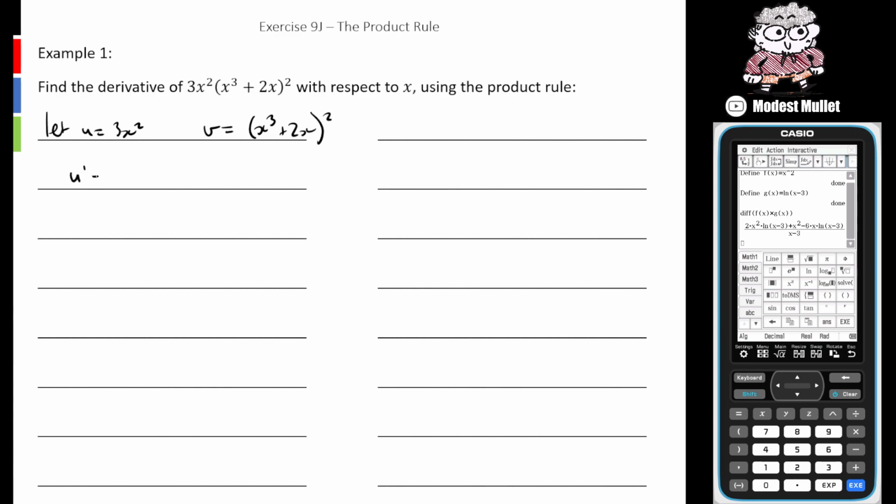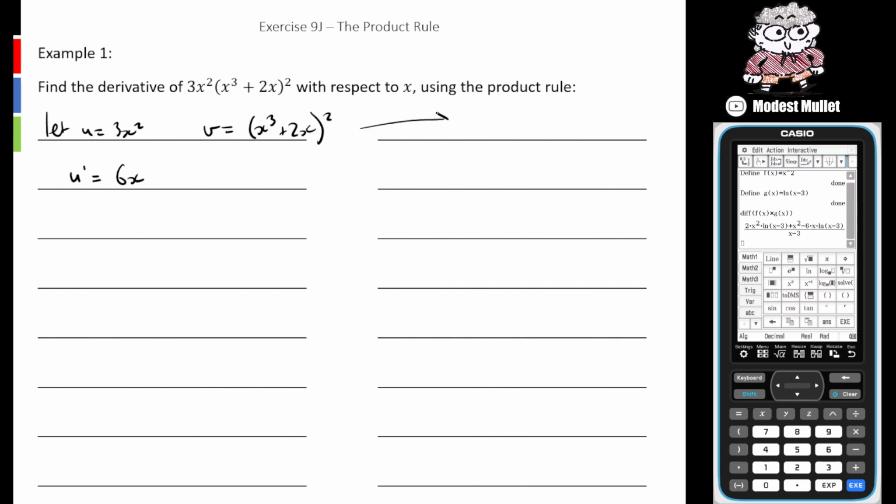So straight away, nice and easy, u dash is going to be equal to 6x. Now v dash, this is that example where to differentiate that, we have to use the chain rule. There is the shortcut, but I'm going to avoid that at the moment. Let's just use the chain rule.